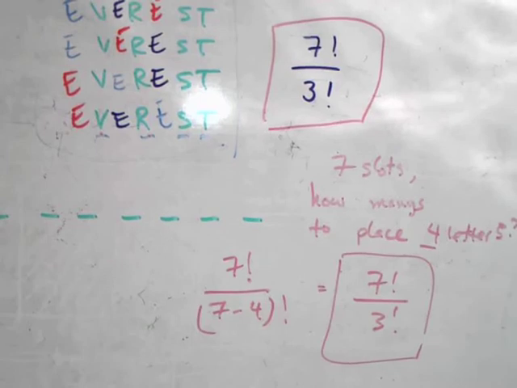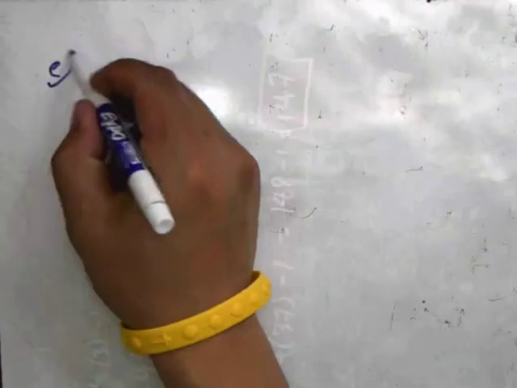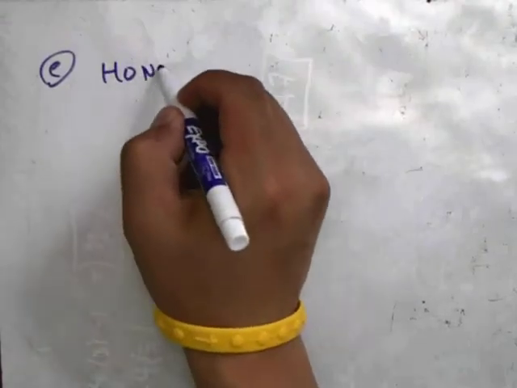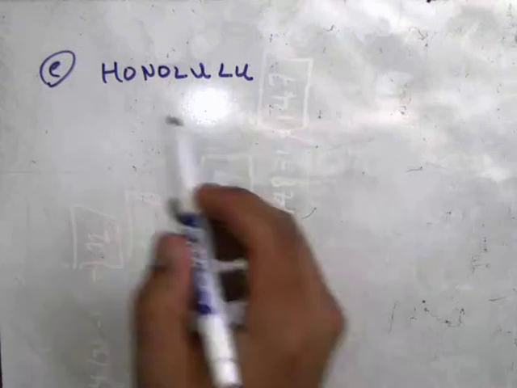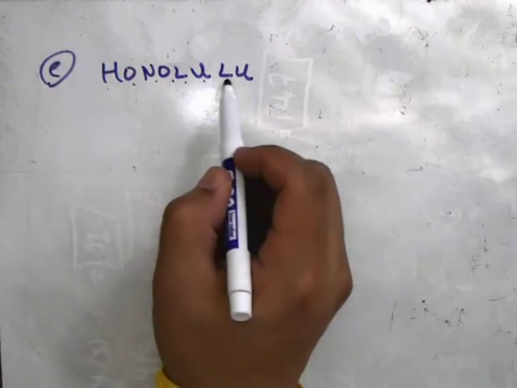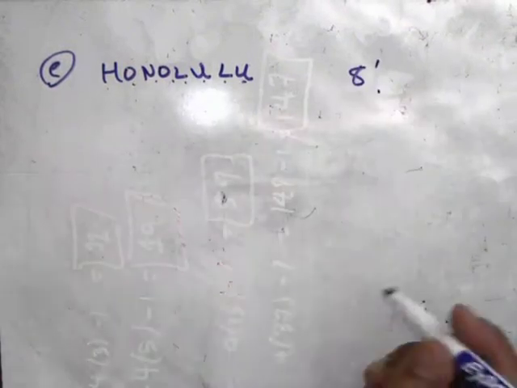All right. Now, before we end, I want to do one more example. This time with some kind of a more difficult choice that makes us think even more. So this time we have this word here. Well, there's 1, 2, 3, 4, 5, 6, 7, 8 letters, so we think it's 8 factorial.